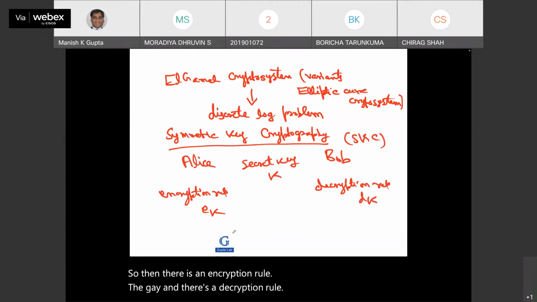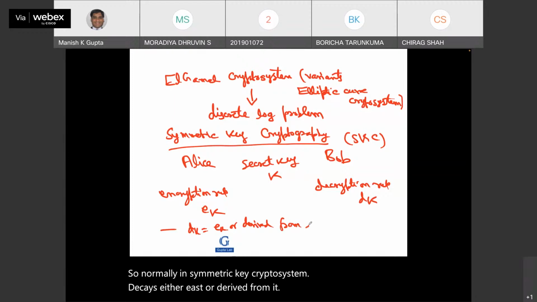Normally in a symmetric key crypto system, DK is either EK or derived from it, so this rule depends on the encryption.